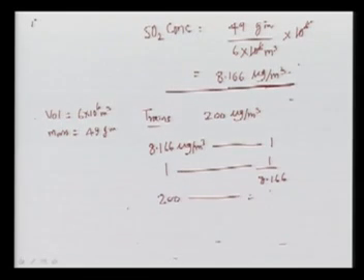So this will be 200 divided by 8.166, which comes out to be about 24.49 trains that can pass through here.